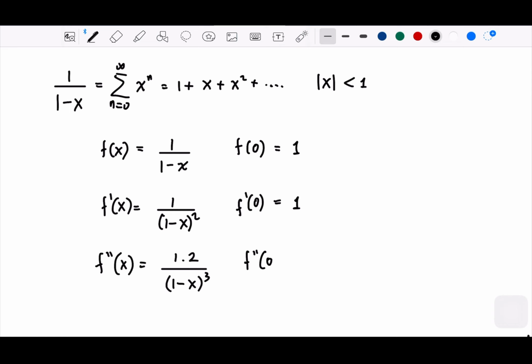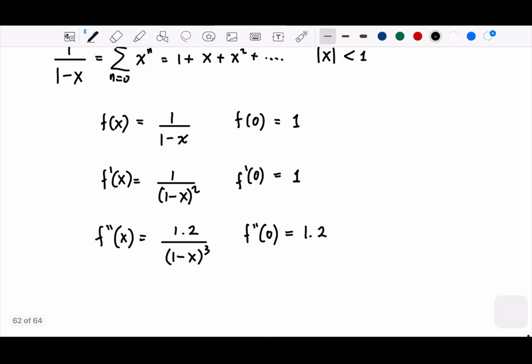And then the second derivative at 0 is 2. And let's say we take the third derivative, and this becomes 1 times 2 times 3, and the denominator becomes power of 4.